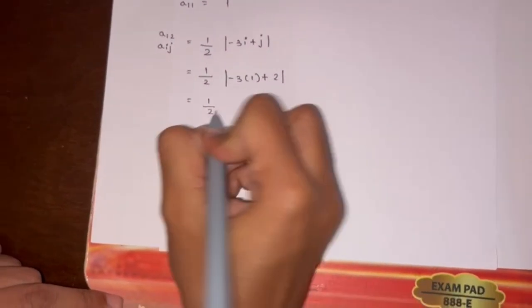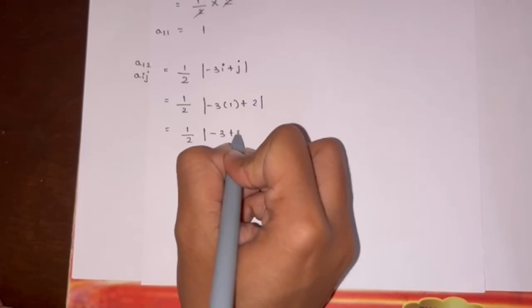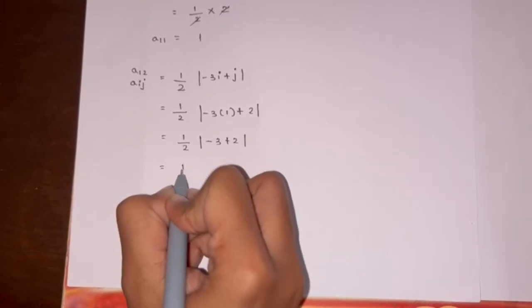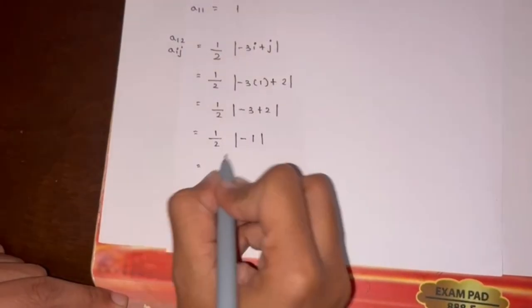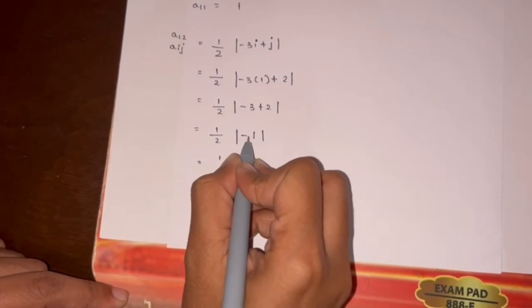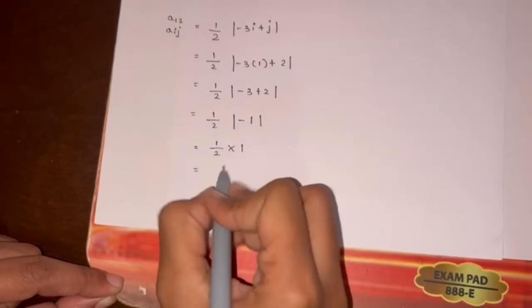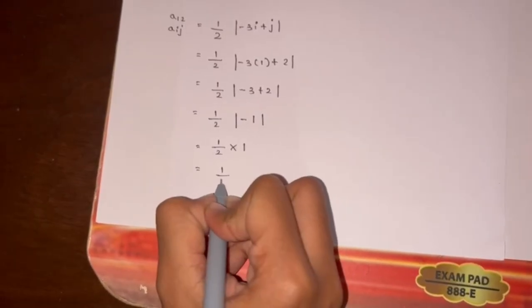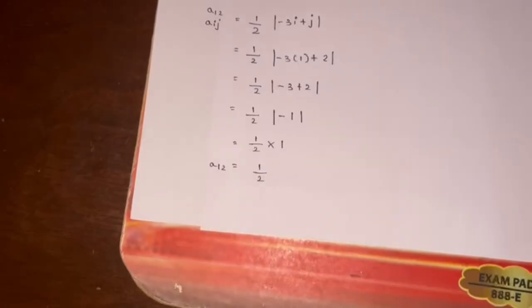So 1 by 2 mod of minus 3 into 1 is minus 3 plus 2. Then after substituting we get minus 1. Removing the mod is nothing but just changing the sign. 1 by 2 into 1, so we get 1 by 2. So the value of A12 is 1 by 2.